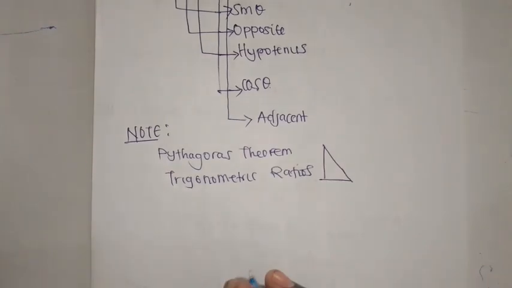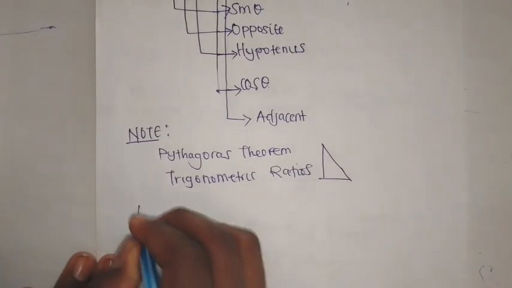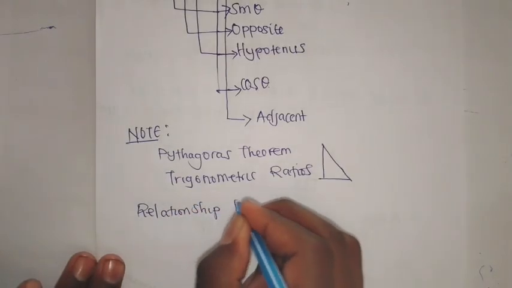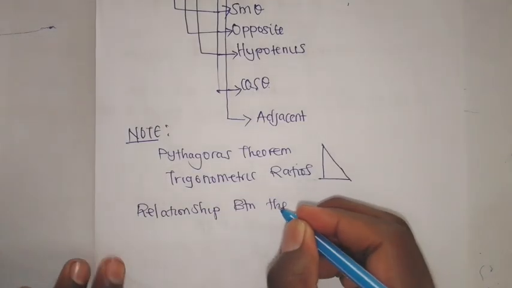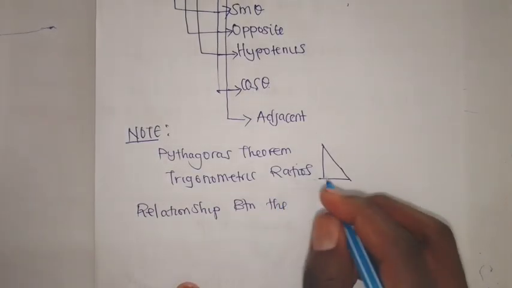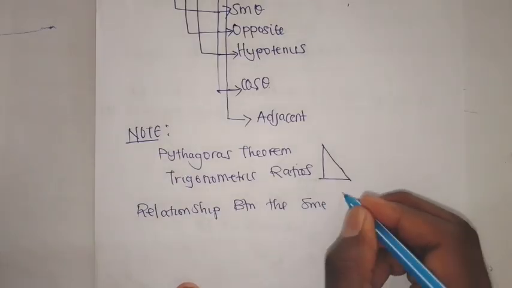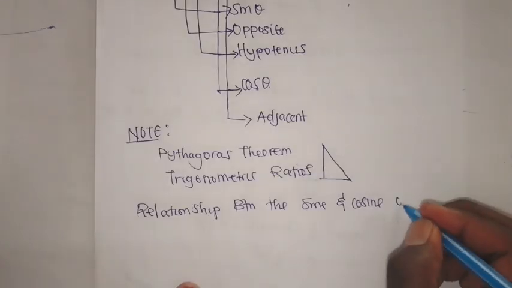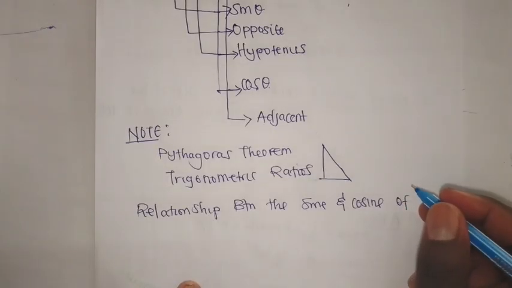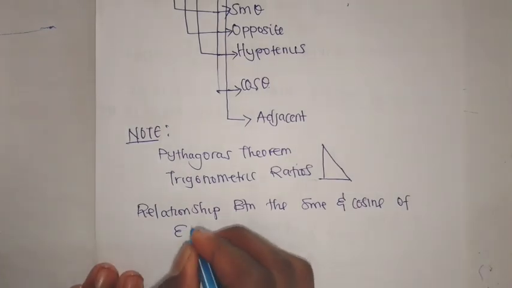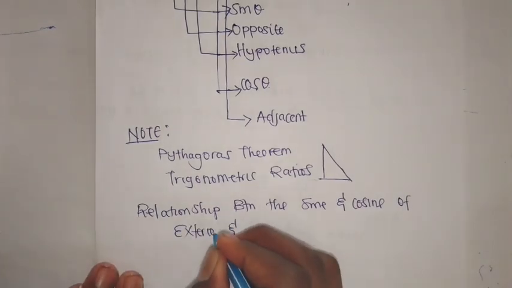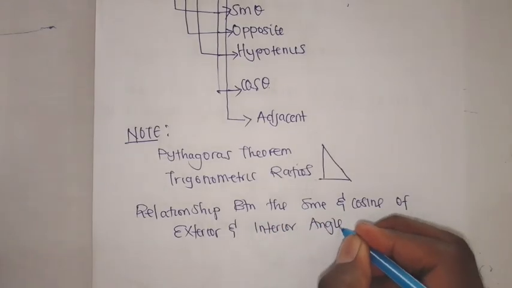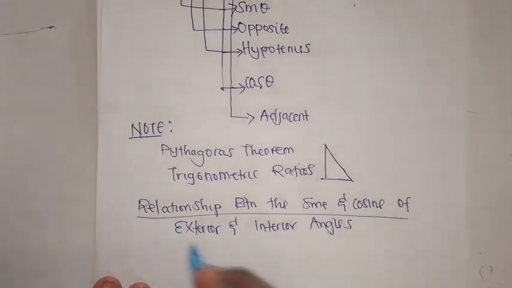So now let's talk about the relationship between the sine and the cosine of exterior and interior angles.